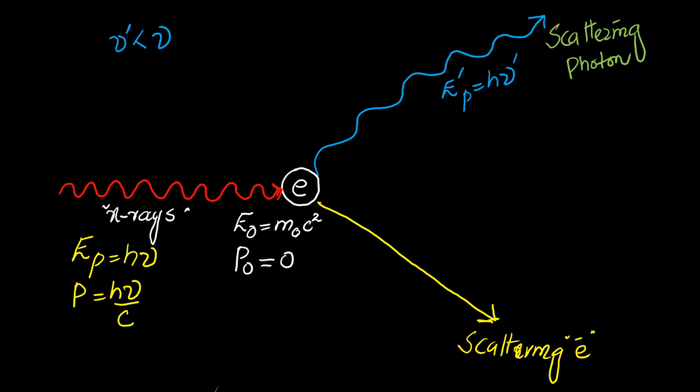Similarly, the momentum of the scattered photon will be represented by p prime, and it will be equal to h nu dash divided by c.